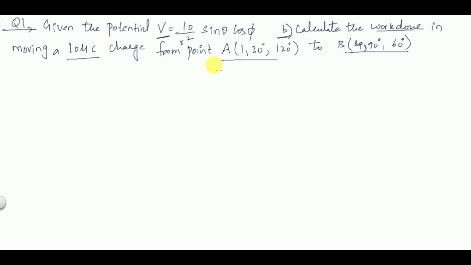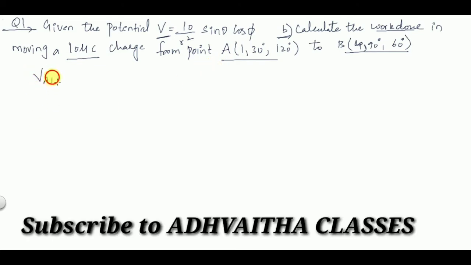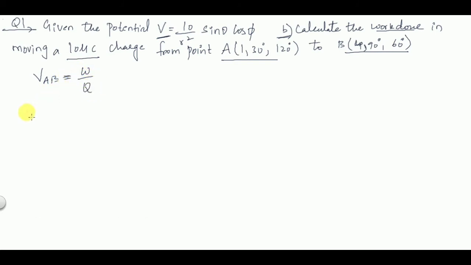So what is the relationship between work done and potential? So we know that VAB is equal to W by Q. Okay, so potential difference is equal to the work done per unit charge, right?